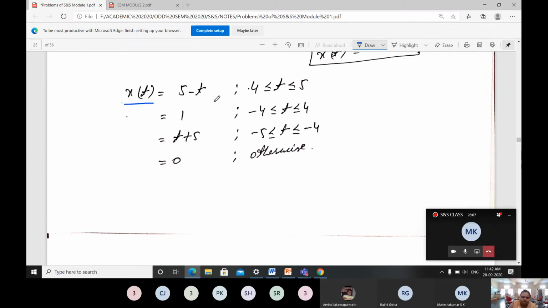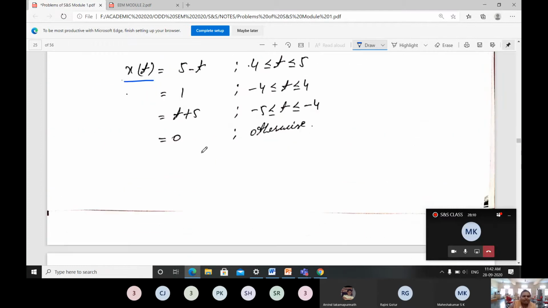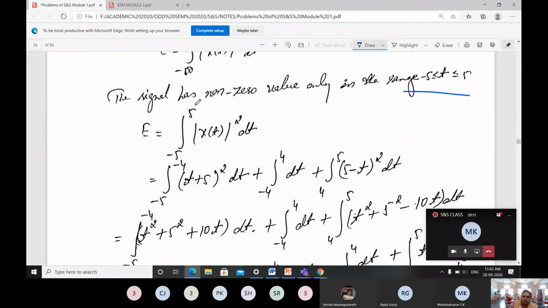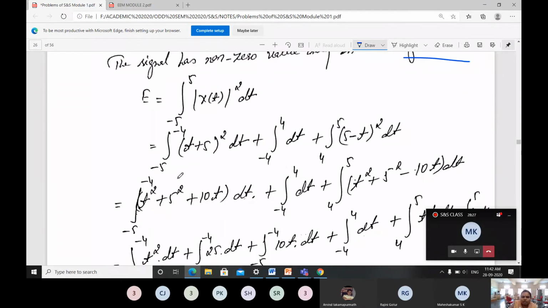Next we have to bifurcate the integration: the limit minus 5 to plus 5, I can divide from minus 5 to minus 4, then minus 4 to 4, then 4 to 5.